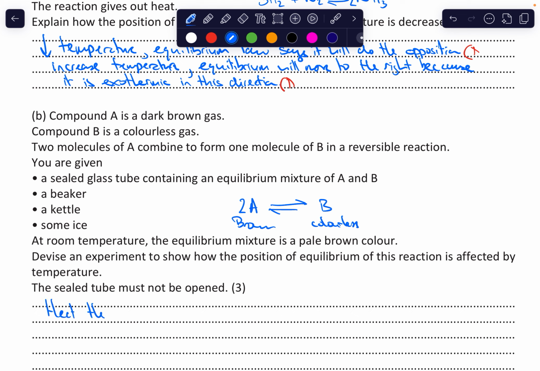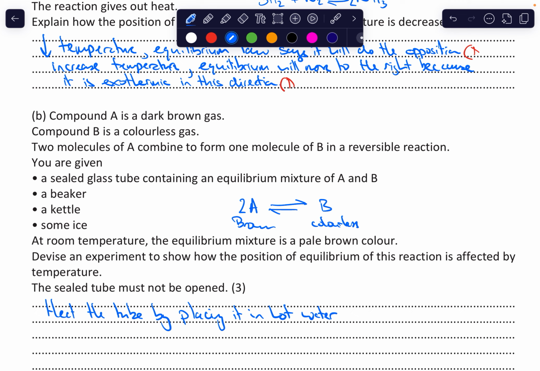Heat the tube by placing it in hot water. So you don't want to heat it with a Bunsen because that's going to affect the pressure inside the tube. It's going to warm it gently. It's going to heat it in hot water.